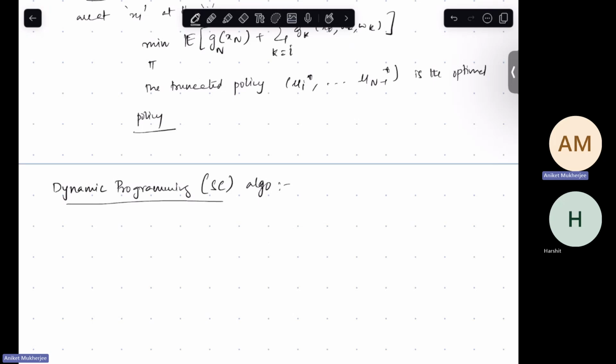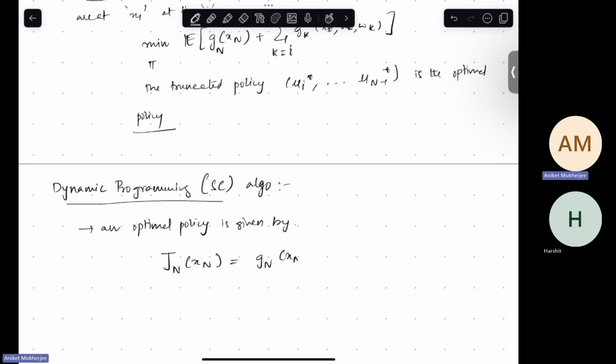An optimal policy is given if you follow the following algorithm. So first, you fix Jn of xn equal to gn of xn as the terminal cost. I'm defining these variables here as my terminal cost. So this is for all xn.